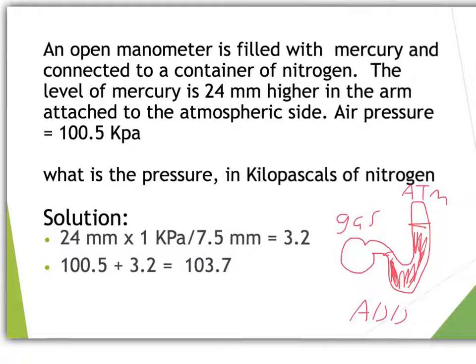So on this problem, we will take our 24 millimeters and convert that to kilopascals. 24 times 1 kilopascal over 7.5, we get 3.2 kilopascals. Notice that we have 100.5 kilopascals as our air pressure. We take that and add the 3.2, and we get 103.7 kilopascals as our answer.